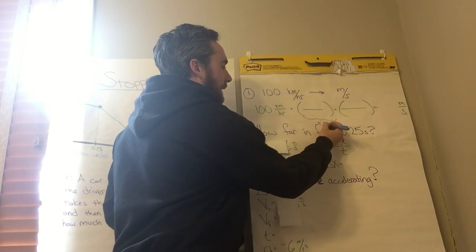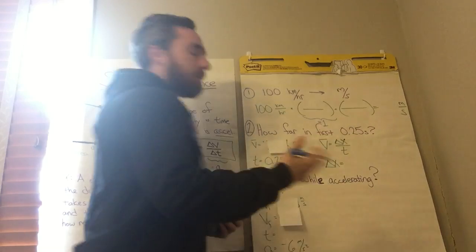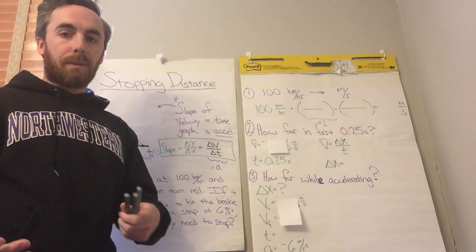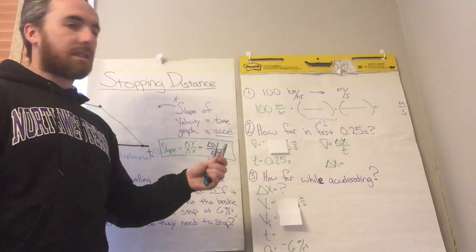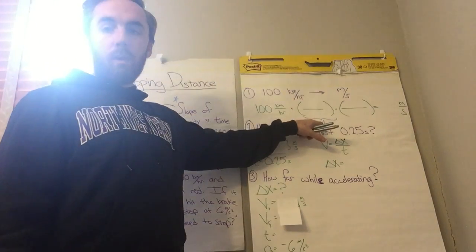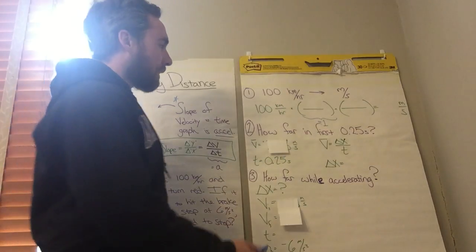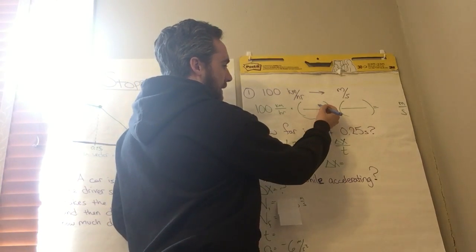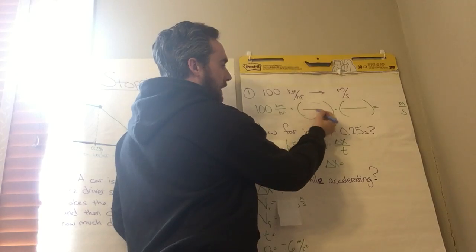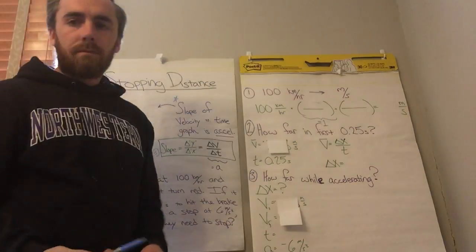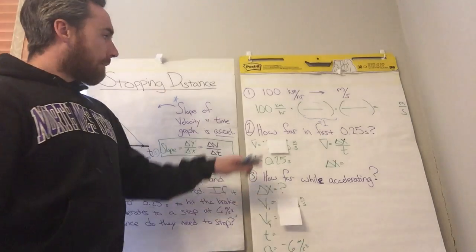So the only thing I can multiply something by to get the same speed, it'll change the units, but it'll still be the same value, the same amount, is 1. I can multiply by 1 and I still get the same number. Well, what I can do is I multiply by a fraction where the top is equal to the bottom.